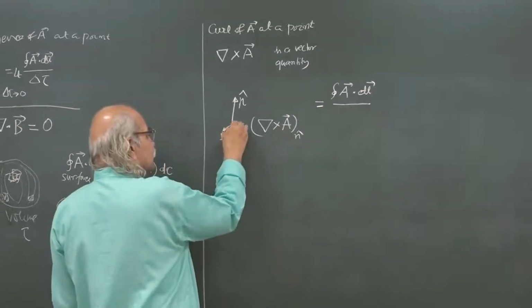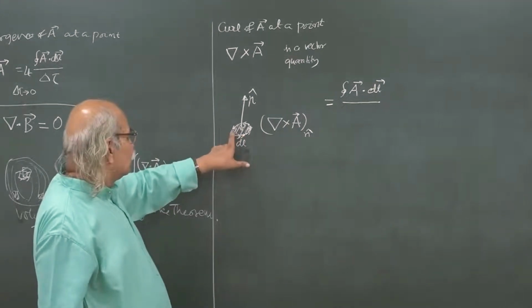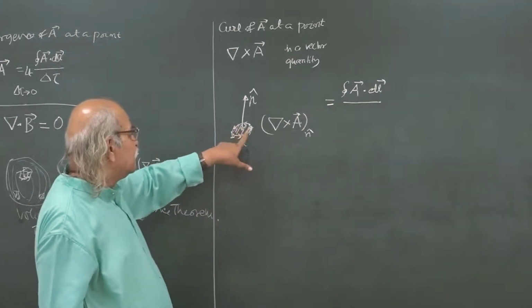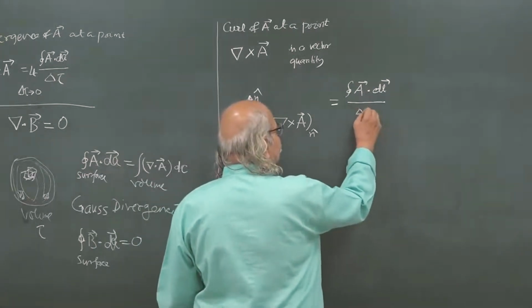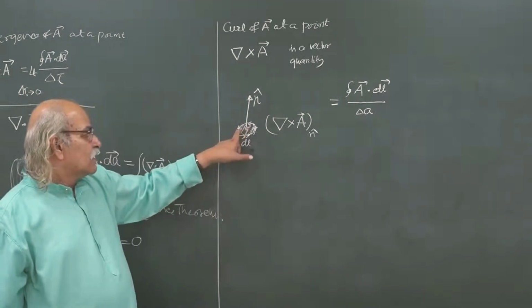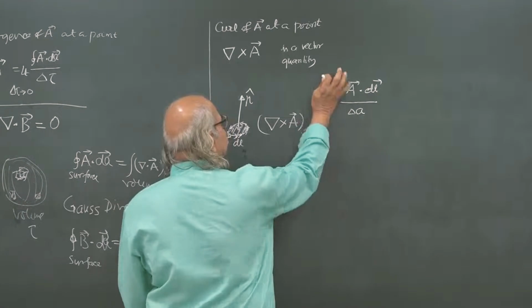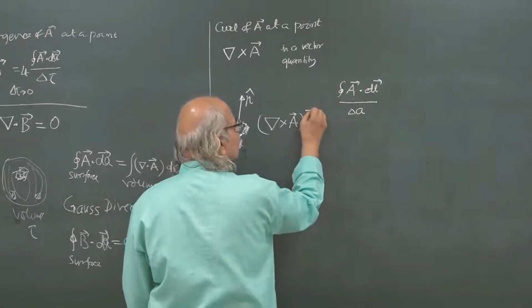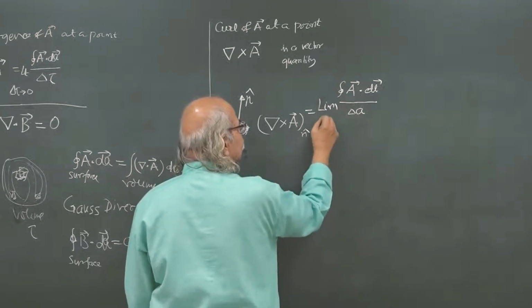Divide by the area enclosed by this planar loop, this whole area. If it is a circle, pi times r squared. So, delta A, the area, not the area vector, just this area. And then take the limit as this delta A goes to 0.